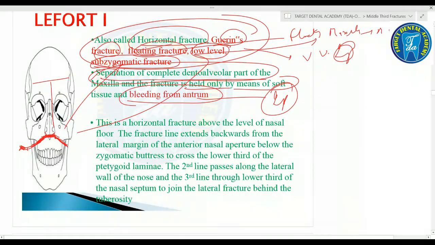I repeat, this is a horizontal fracture above the level of the nasal floor. Fine.